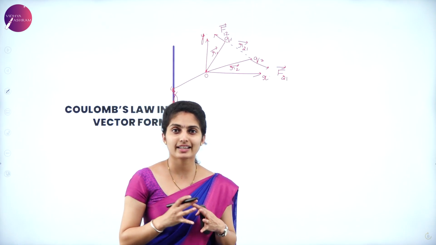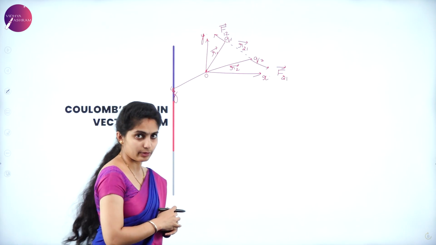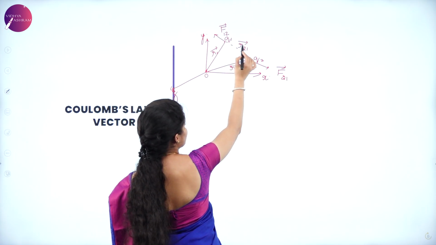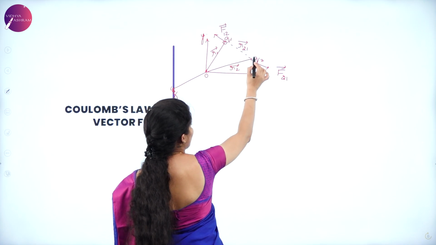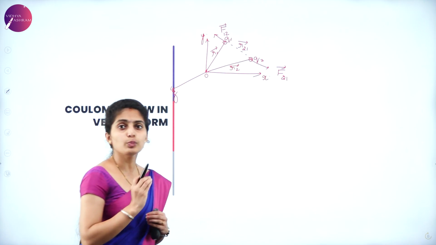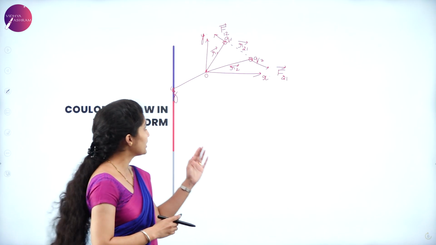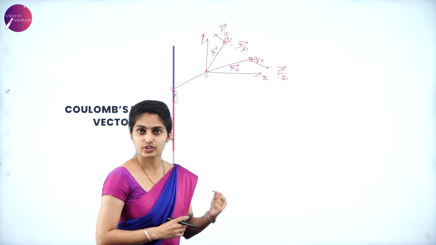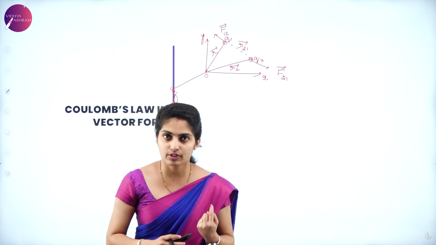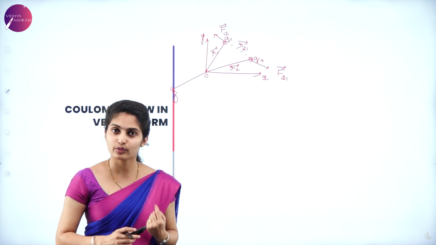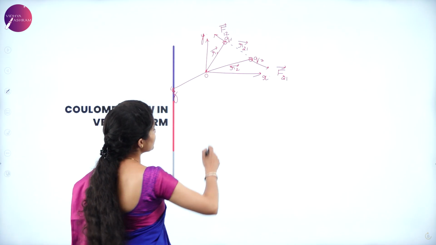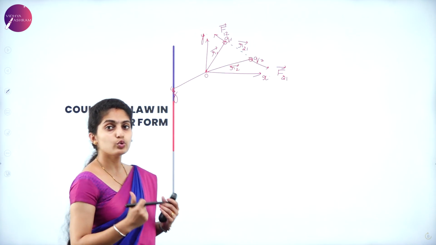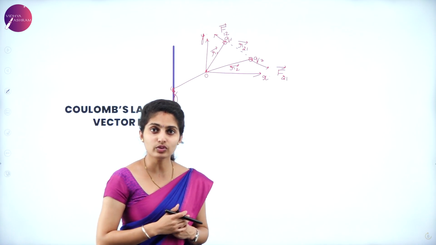So how do you find what exactly is lying here? Q1 and Q2 are the two point charges. Q2 is placed at R2 from the origin and Q1 is placed at R1 from the origin, and there is a certain distance between them, R21. Two forces act opposite to each other.